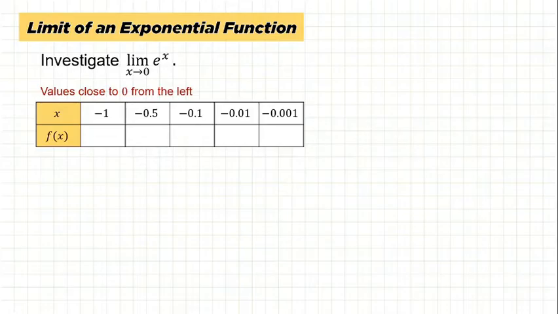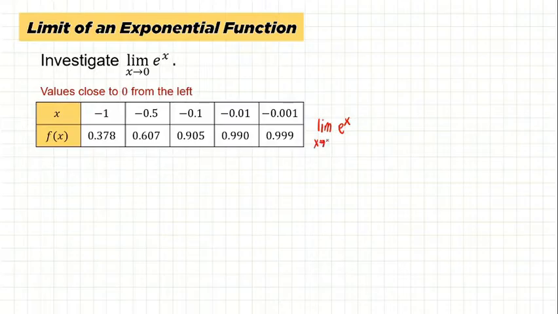Evaluating the function at these values of x, we have the values of f of x: 0.378, 0.607, 0.905, 0.990, 0.999. As you can see, as x approaches 0 from the left, the values of the function approach 1. So we can say that the limit of e to the x as x approaches 0 from the left is equal to 1.